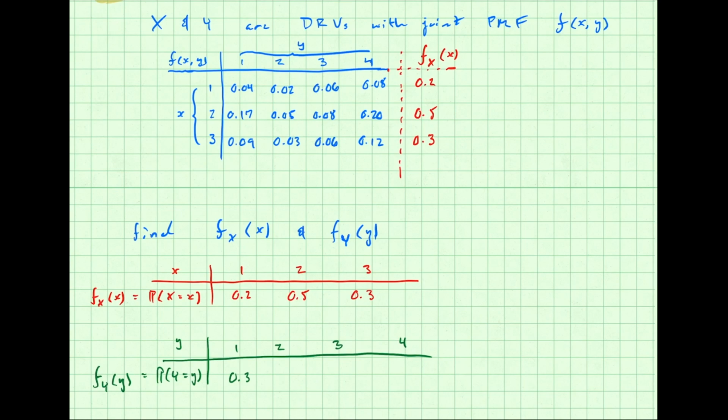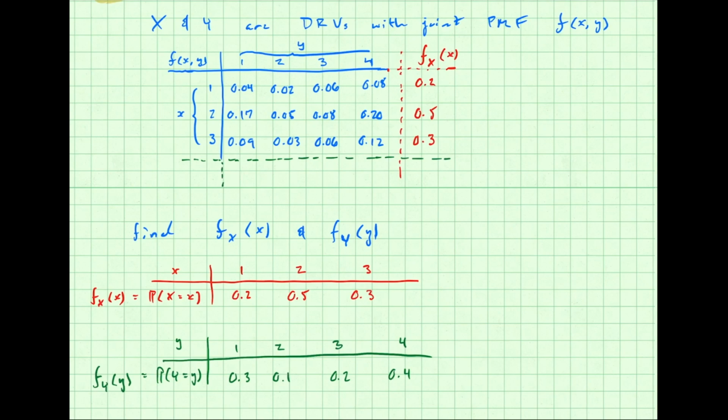And so I'll just write them down. So this next one is 0.1, 0.2, and 0.4. And so what we would normally do, well, I don't know about normally, but it's common to do this.